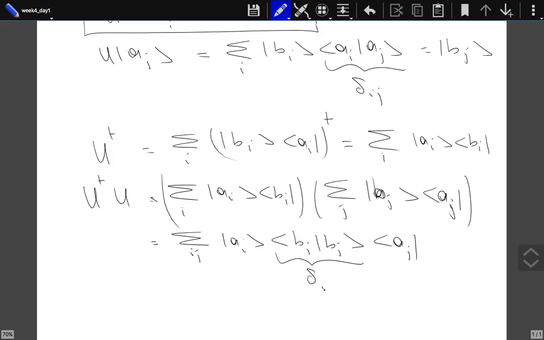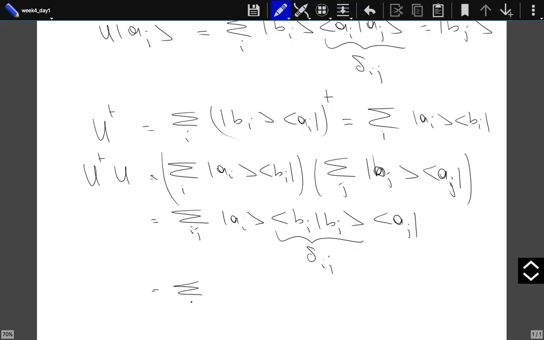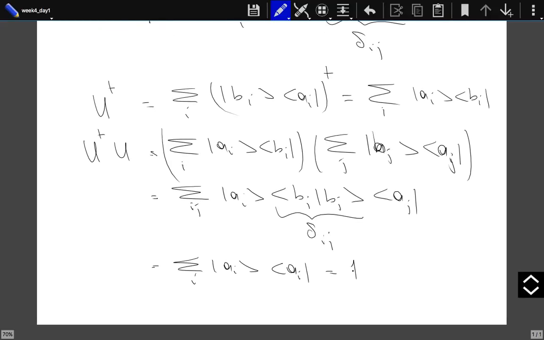Well, this is nothing but the Kronecker delta ij. So this is equal to the sum over i of |Ai><Ai|, but we had seen that since the |Ai> form a basis, this is just 1. So this U dagger U operator, not the matrix, the operator, is just the identity operator.